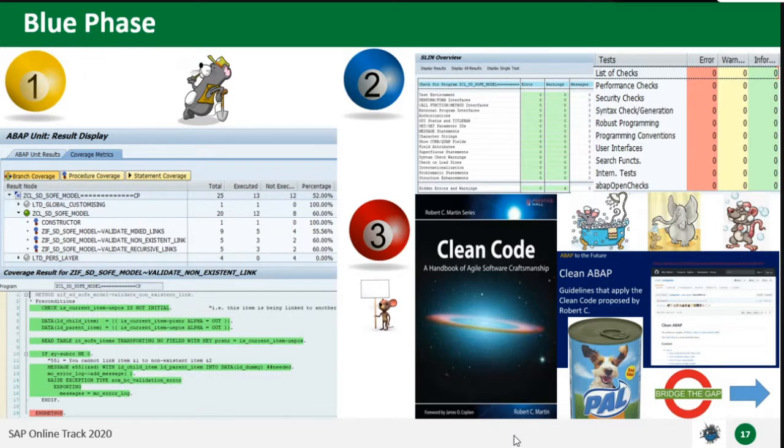The second bit, something people forget to do, even in normal programming, and that is run the extended program check and the code inspector. It's so easy to do. And people say, oh, I'm too busy. I'm too busy. And anyway, there are many false positives. Well, I don't know about that.